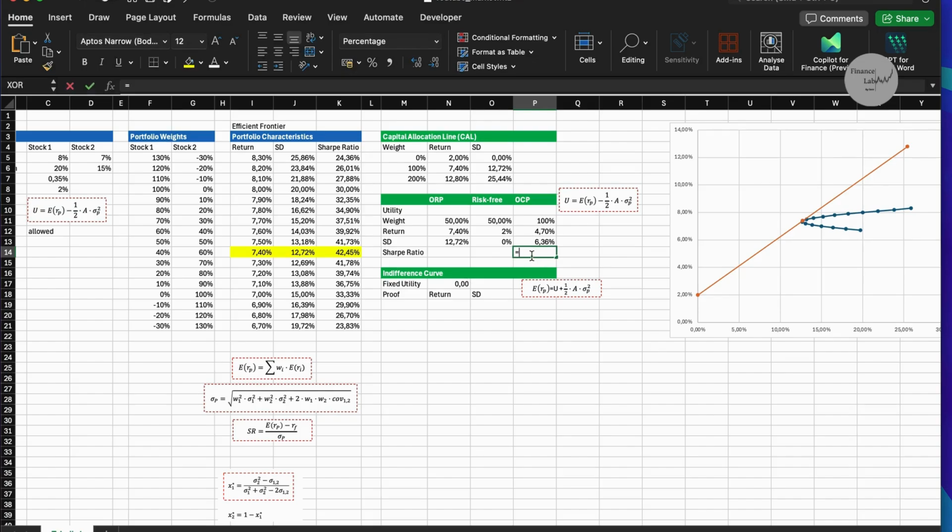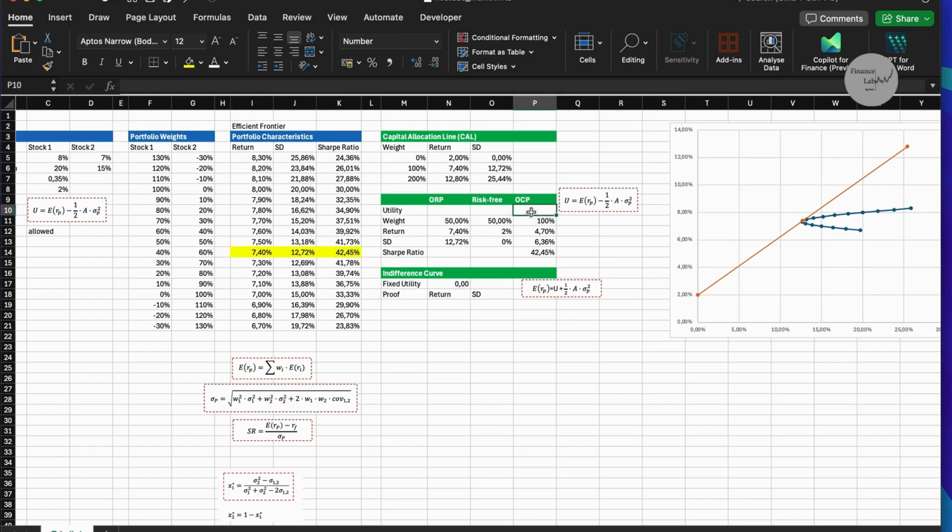Now we can compute the Sharpe ratio. This is the expected return minus the risk-free rate, so we have an excess return divided by the standard deviation. And we can see that this Sharpe ratio equals this one.